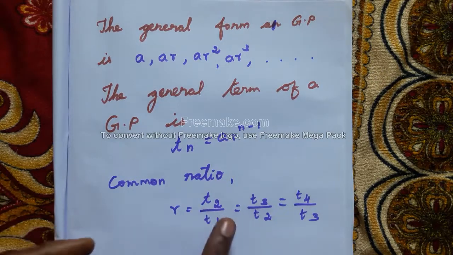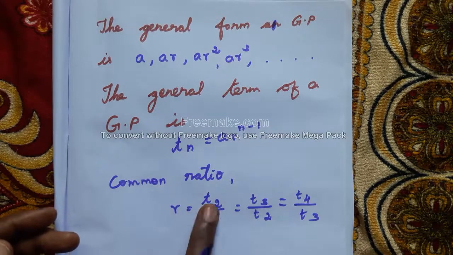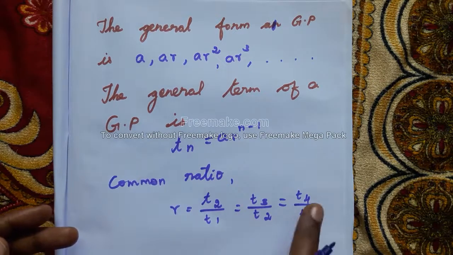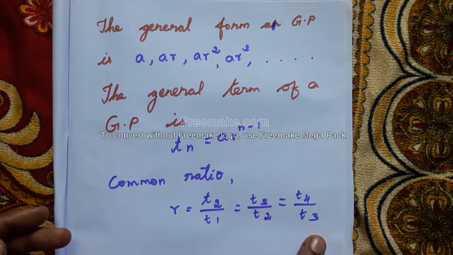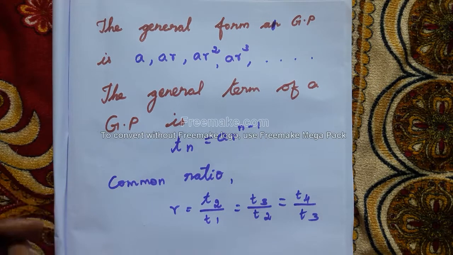Here, don't forget that the common ratio R is equal to T2 by T1 is equal to T3 by T2 is equal to T4 by T3. Have you understood, students? Now we can learn some basic problems based on geometric sequence.